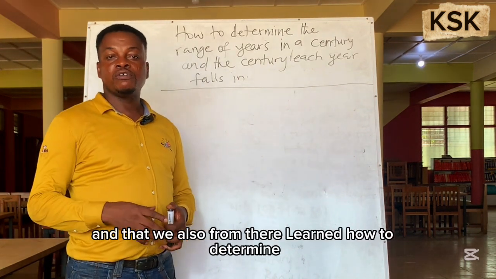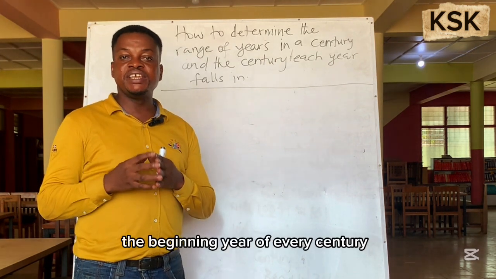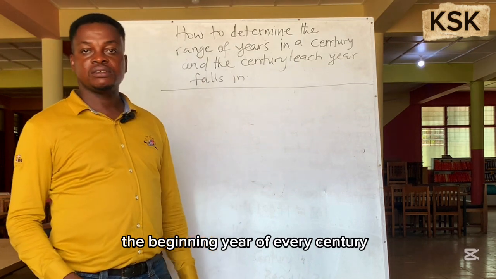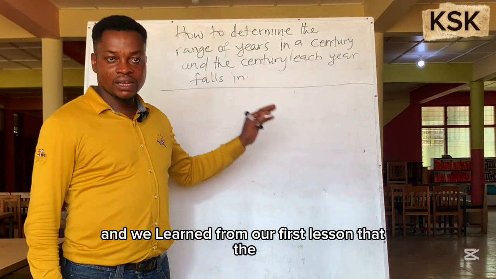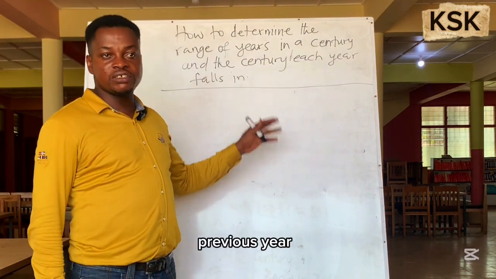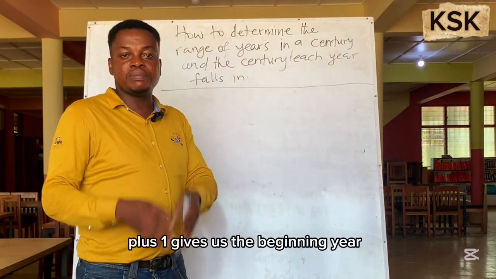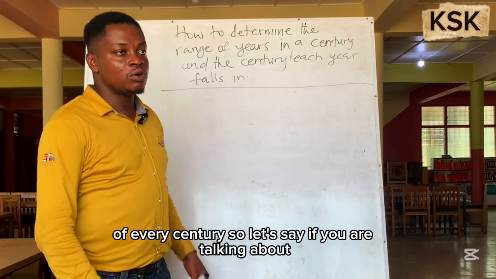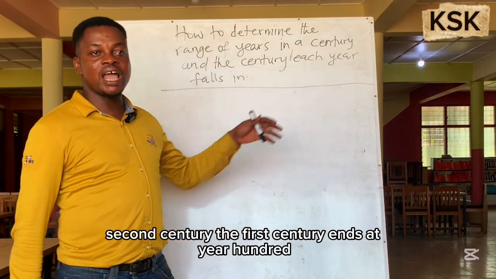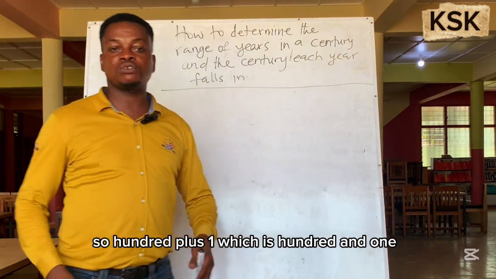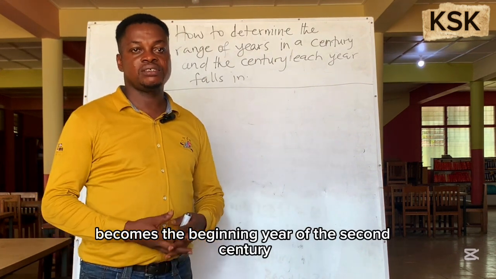We also learned how to determine the beginning year of every century apart from the first: the ending year of the previous century plus one gives us the beginning year. So for the second century, the first century ends at year 100, so 100 plus 1, which is 101, becomes the beginning year of the second century.